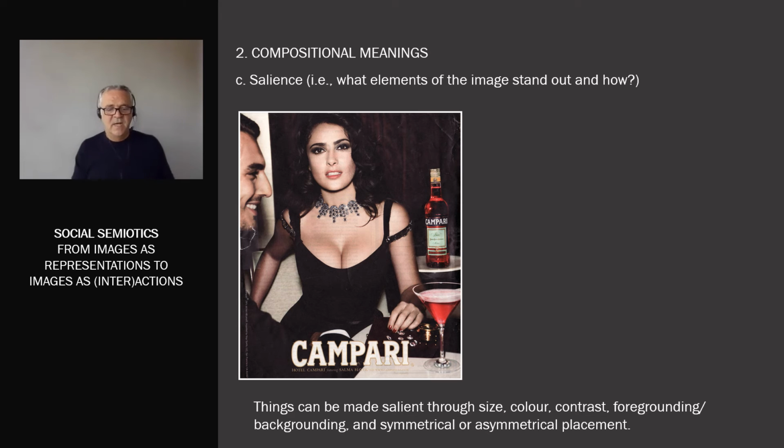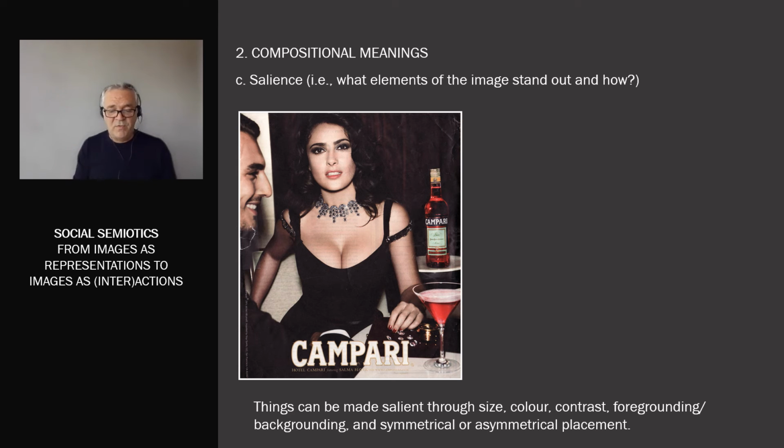Speaking of vectors, the most striking vector here is established between the man's nose, his gaze, her breasts, and the bottle. It's deliberately unclear in this case whether he's looking at her breasts or the bottle, or probably both. And this, of course, is a long established idea in advertising that celebrities and sex sell.